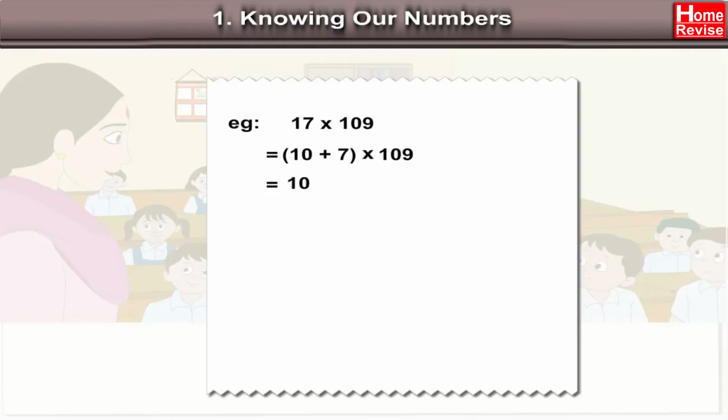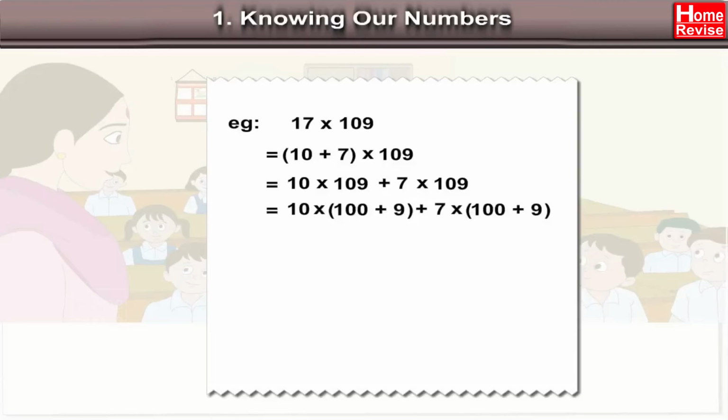Now this is equal to 10 into 109 plus 7 into 109. Now further we can write it as 10 into bracket open 100 plus 9 bracket close plus 7 into bracket open 100 plus 9 bracket close.